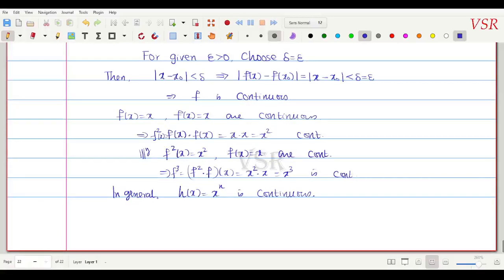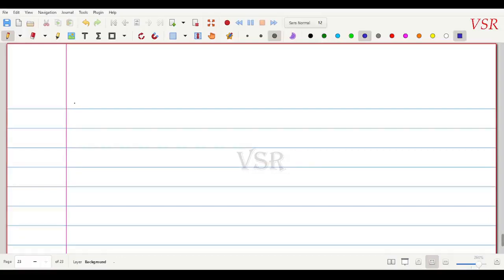For any n you give, x is continuous, x square is continuous, x cube is continuous, x power 100 is continuous, x power 1 crore is continuous, all are continuous functions. And similarly, the constant multiple k times f of x, which is equal to kx, is continuous.